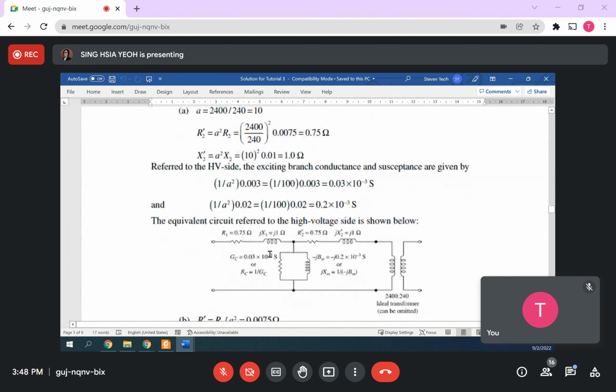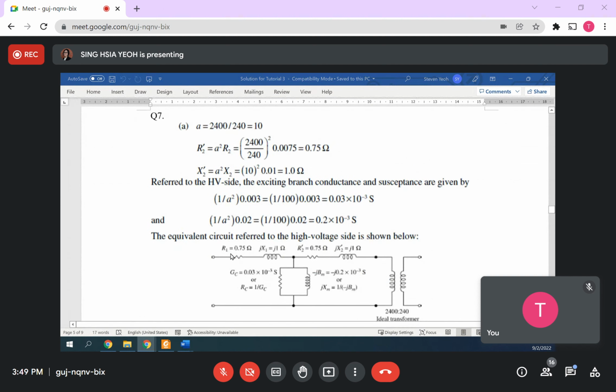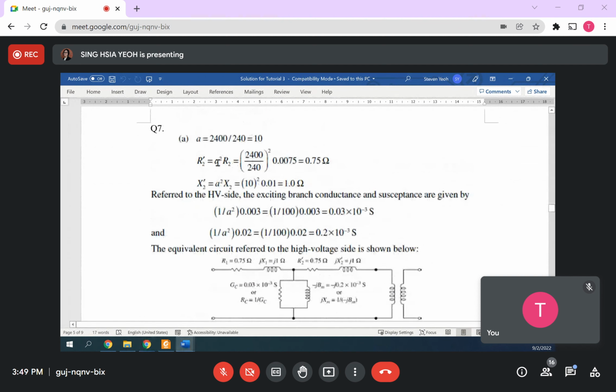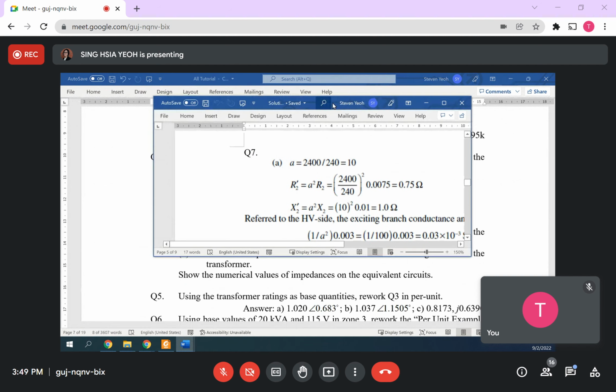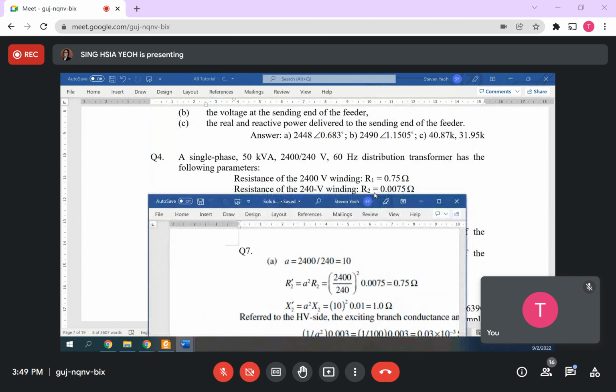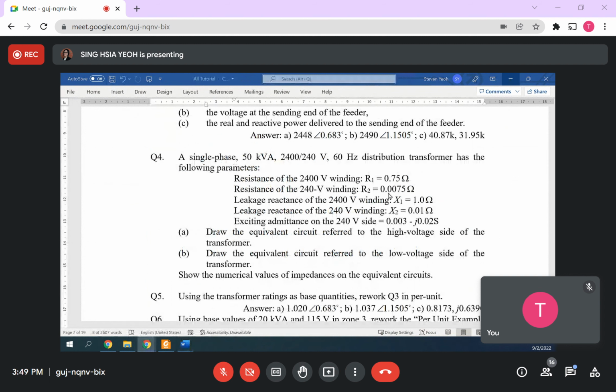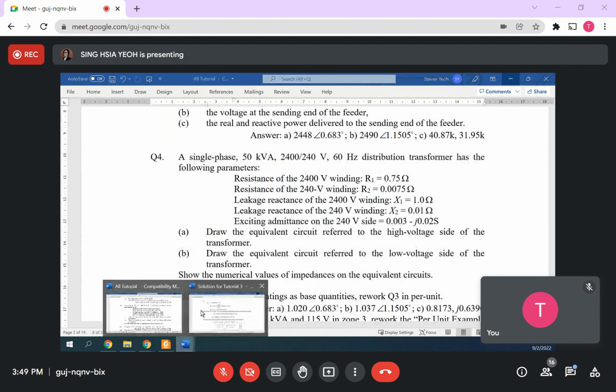Yeah, so they said R2 on the 240 side is 0.0075.